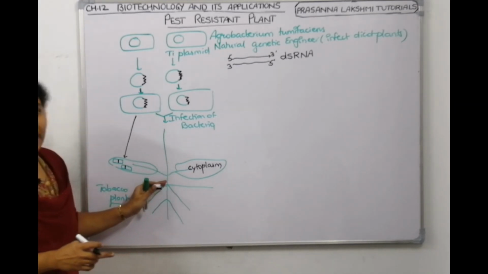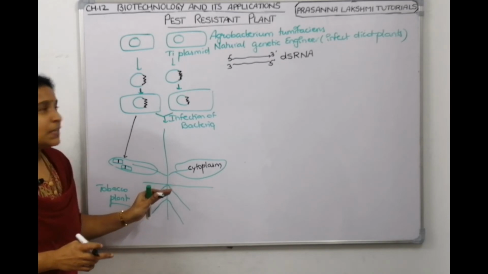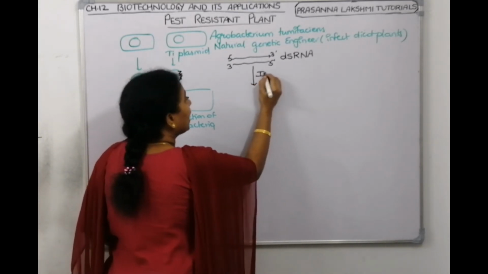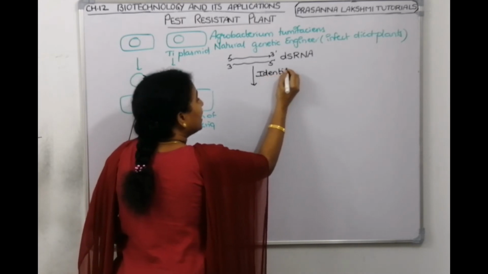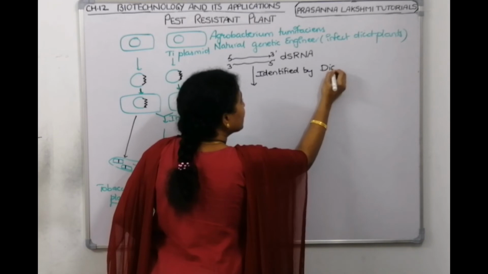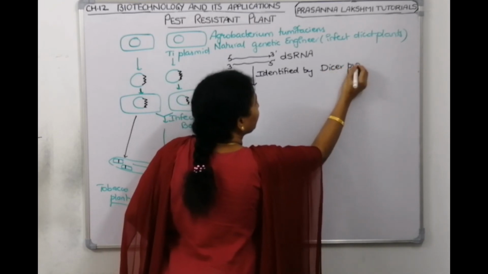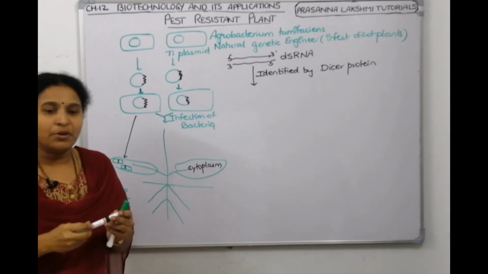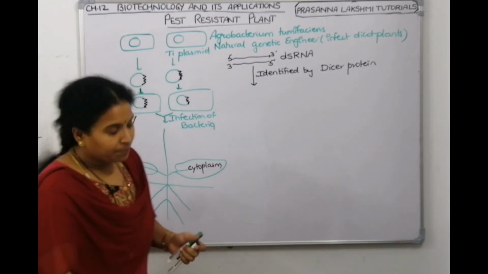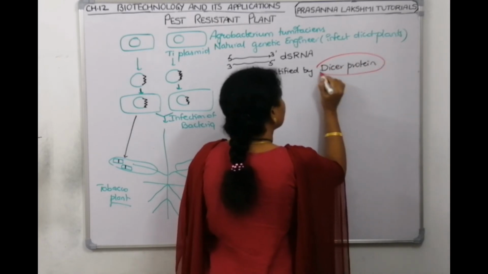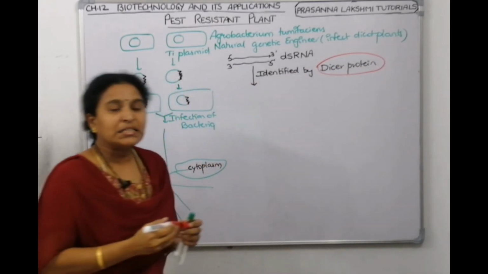Now, in the plant, we said cellular defense is there. In the plant, these double-stranded RNAs are identified by the Dicer protein. Now, let us see what this Dicer protein is.